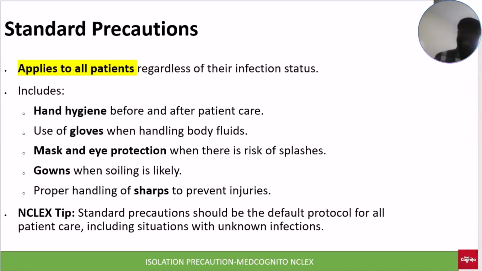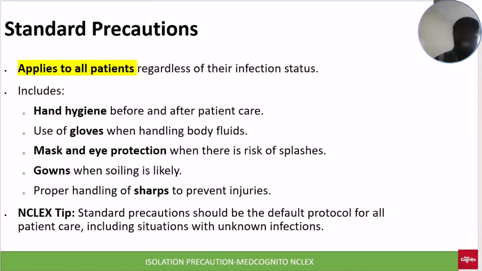Another standard precaution is to know the need for the use of gloves when we are handling body fluids like blood, urine, and CSF, cerebrospinal fluid. So we are going through all the various standard precautions. Number three, mask and eye protection. When you are dealing with a case where there is a risk of splashes, it can get into your eye.